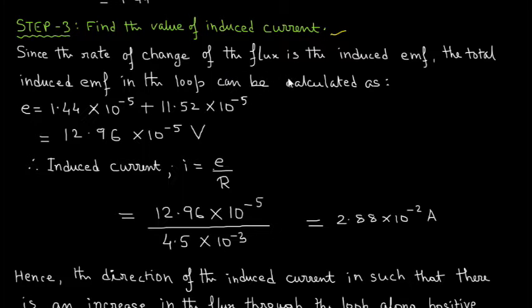Since the rate of change of flux is the induced EMF, the total induced EMF in the loop can be calculated as E is equal to 1.44 multiplied by 10 to the power minus 5 plus 11.52 multiplied by 10 to the power minus 5, which is equal to 2.96 multiplied by 10 to the power minus 5 volt.